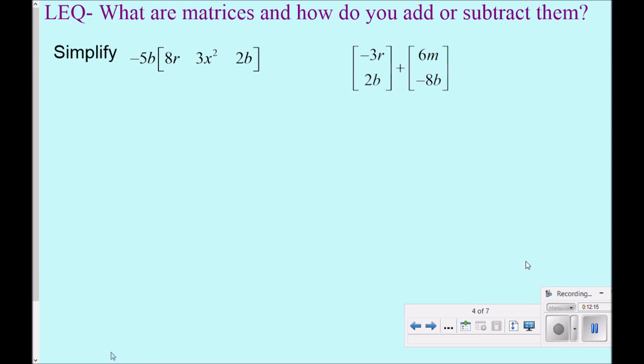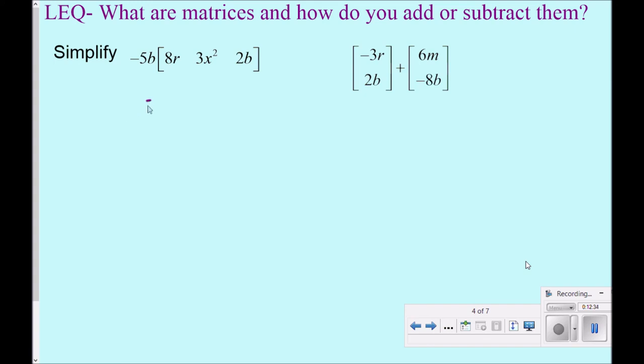Now, sometimes matrices involve variables. So go ahead and copy these two. Okay, so the first one, we just have a scalar in the front times a 1 by 3 matrix, which just means I'm going to multiply that scalar times all the numbers.